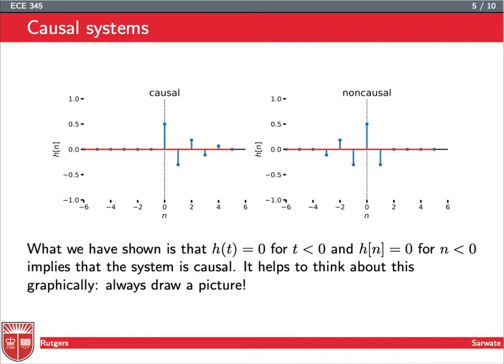In discrete time, it looks the same. This is causal because all this stuff is 0. This is great, it's all 0. But since these things are non-zero, this makes the second system non-causal.